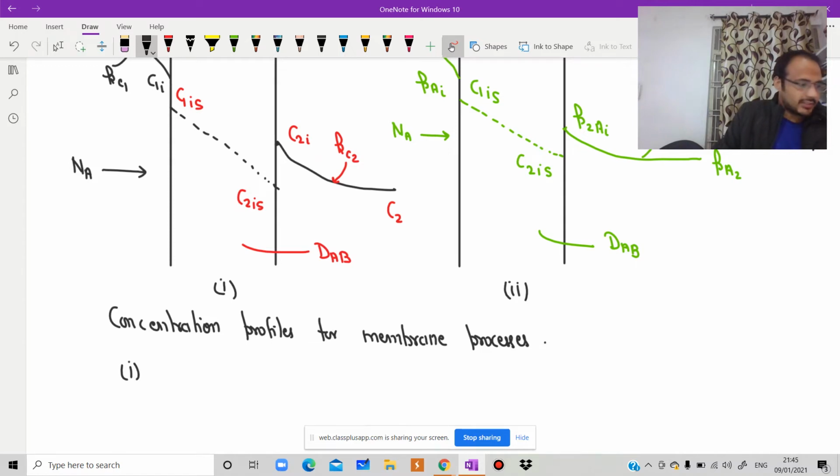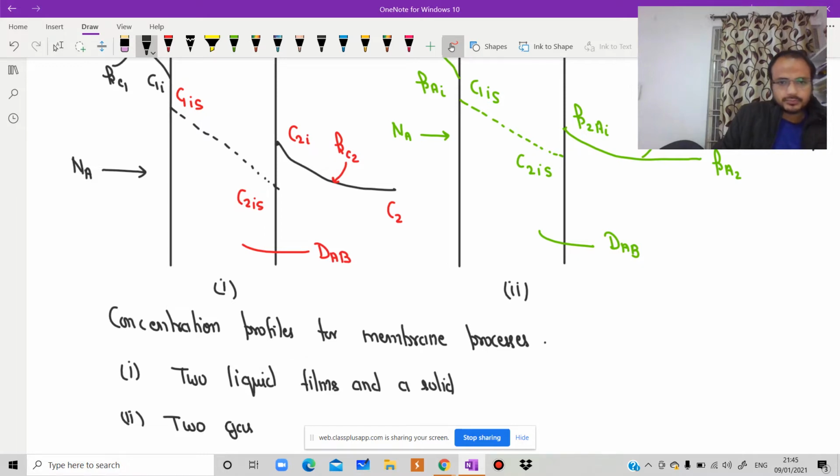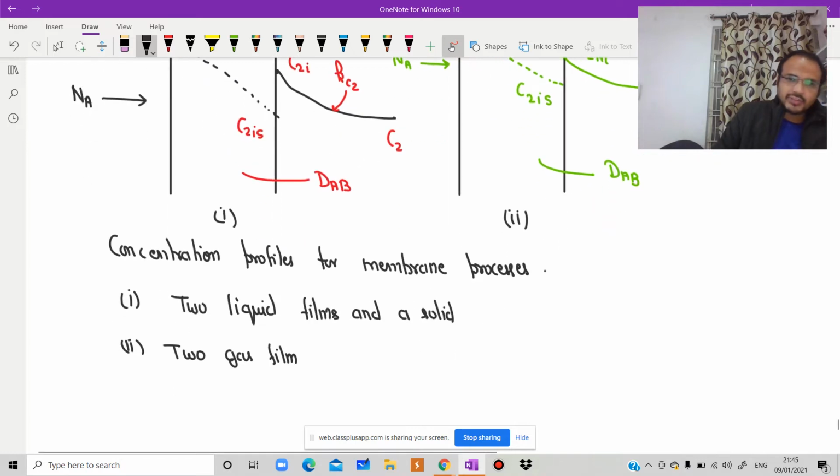This first one will represent two liquid films and a solid also. And this one is two gas films and a solid. Note down this diagram.